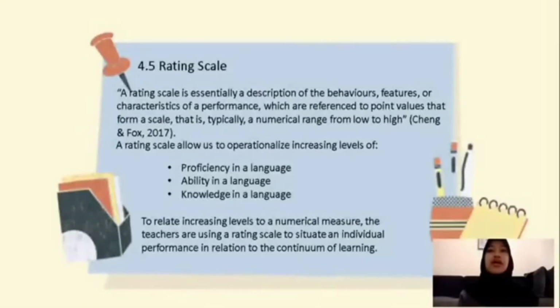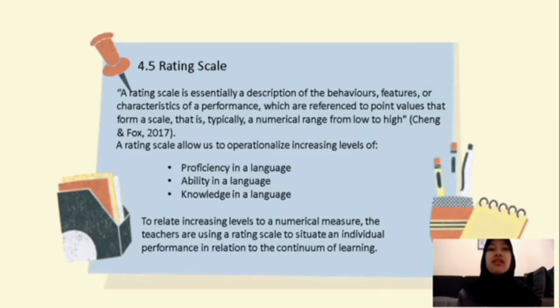And the next point of how do we develop a high quality classroom test is rating scales. According to Cheng and Fox 2017, a rating scale is essentially a description of the behaviors, features, or characteristics of a performance, which are referenced to point values that form a scale. That is typically a numerical range from low to high.